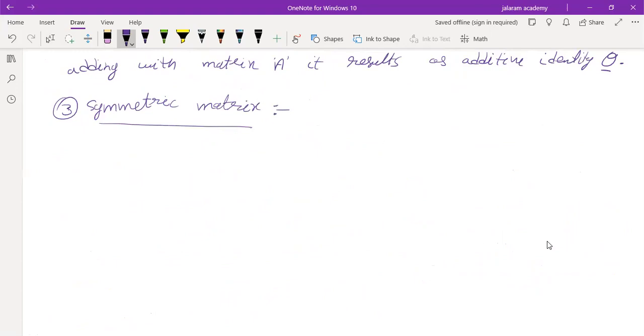The matrix whose rows and columns on interchanging give the same matrix is called a symmetric matrix. Is that clear to you? The matrix, look at this.